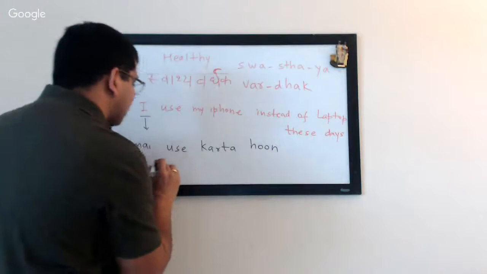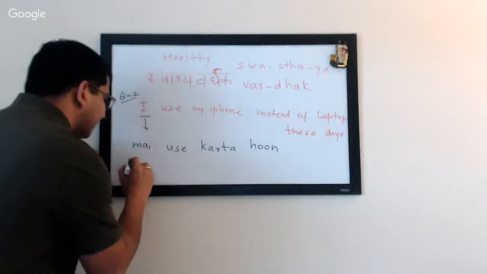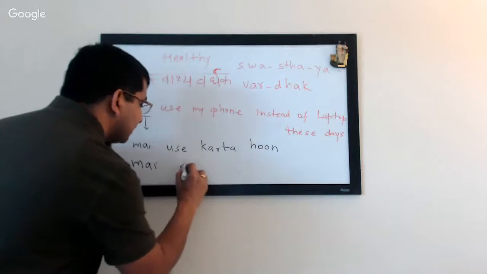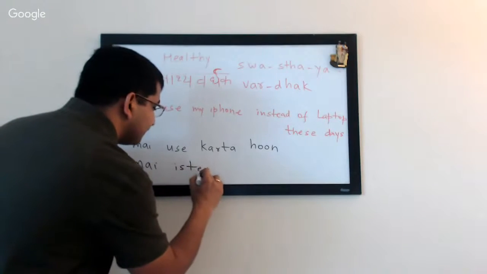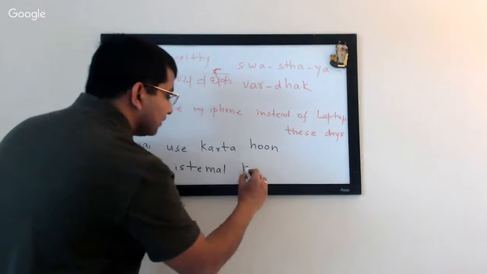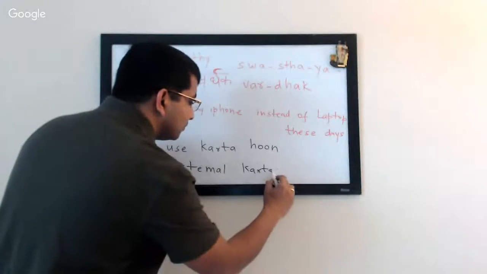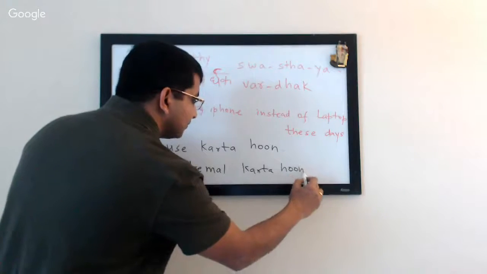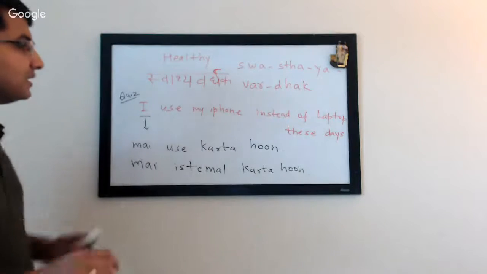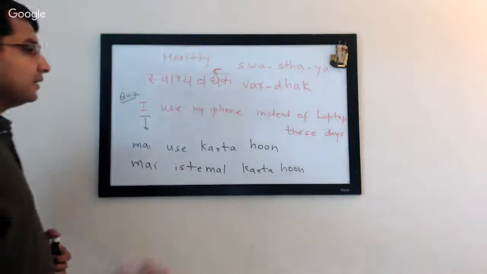Or if you want to use the Hindi word for it, as Chelsea rightly pointed out, मैं इस्तेमाल करता हूँ और मैं इस्तेमाल करती हूँ. That's for use, right? But let's see how we can fit other things.